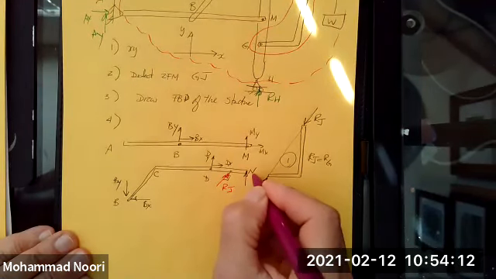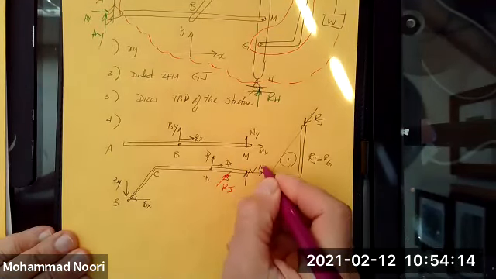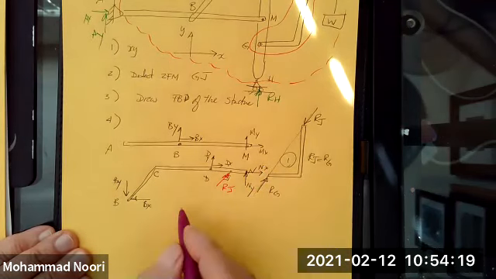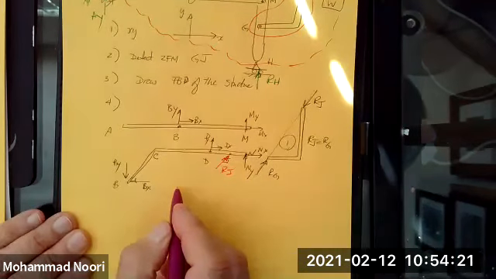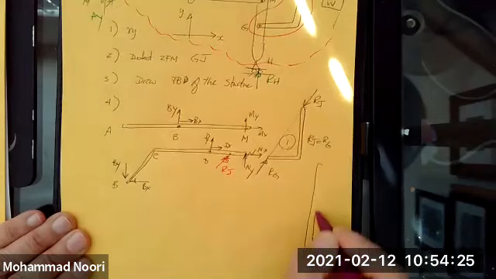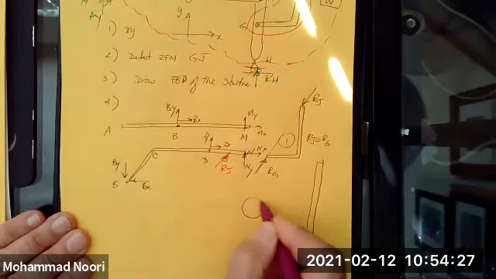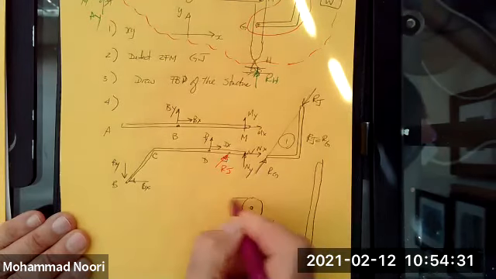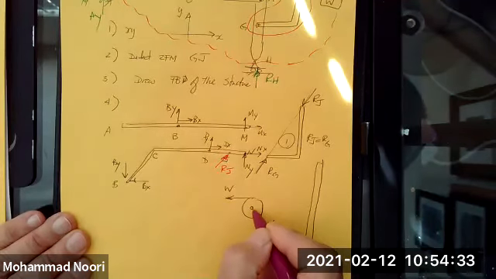At N, you have a pulley. So I'm just assuming these are the directions. So that's the free body diagram of that member. What else? I have this member and the pulley. So let's start with the pulley. I have a load of W on this end, which should be W on that end.